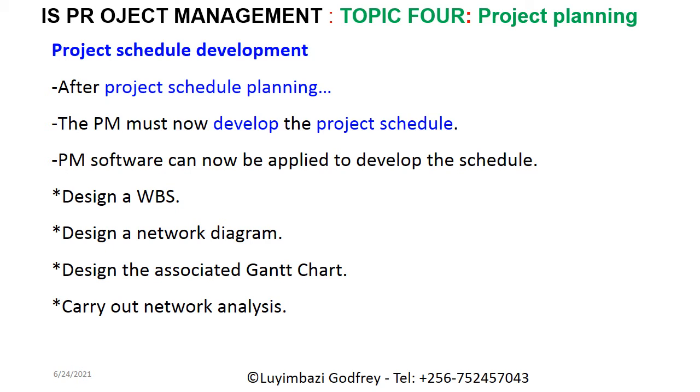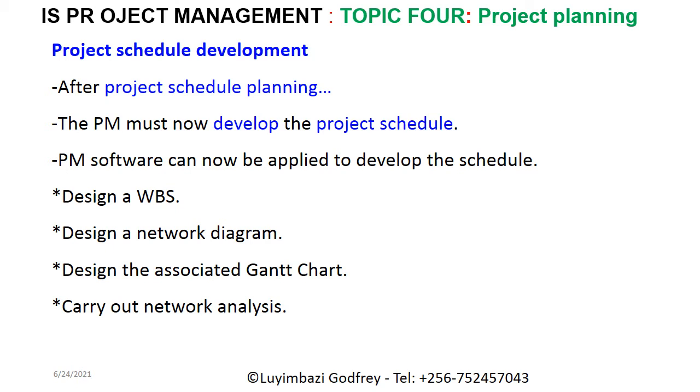Now, in network analysis, we have to understand various terminologies. Some of these include, for example, an event. What is an event? An event is a point in time at the start or at the completion of one or more activities in our project.